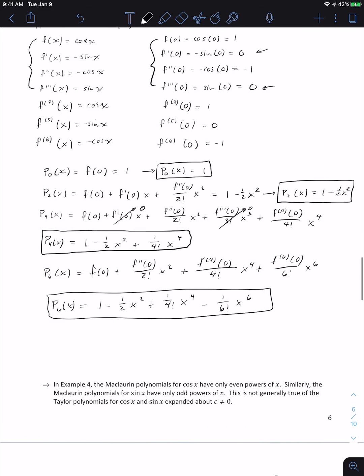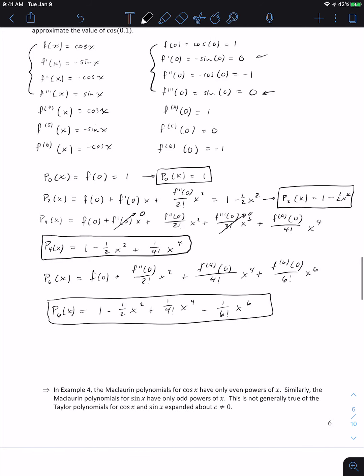Right. So in example 4 here, the Maclaurin polynomials have only the even powers of x. Right? Similarly, the Maclaurin polynomials for sine have only the odd powers of x. Generally, this is not true for polynomials that are expanded about a value other than 0. Right? So why does that happen?